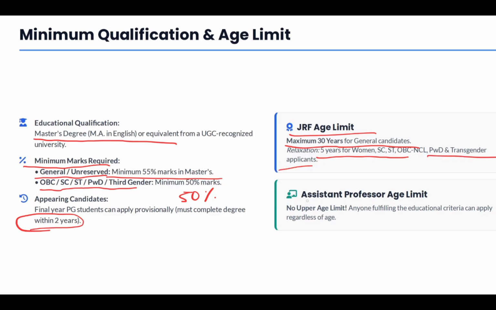For assistant professor there is no age limit. Anyone can fill the form and become an assistant professor, but this criterion is for UGC NET, while in many state examinations there are also age limitations for assistant professor examinations.